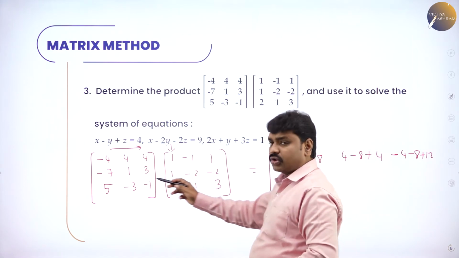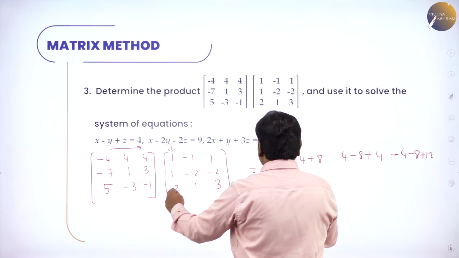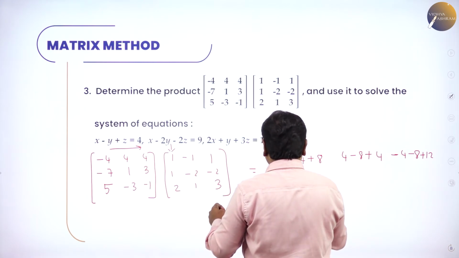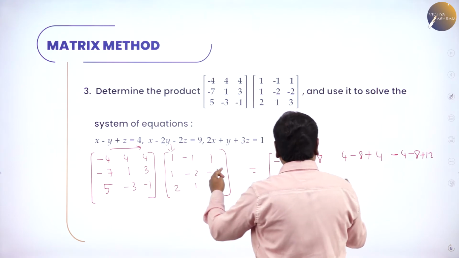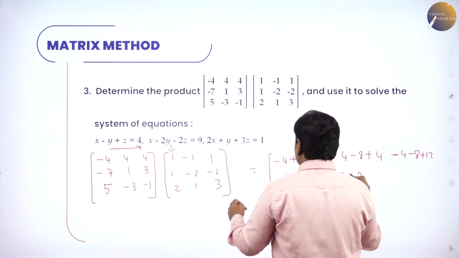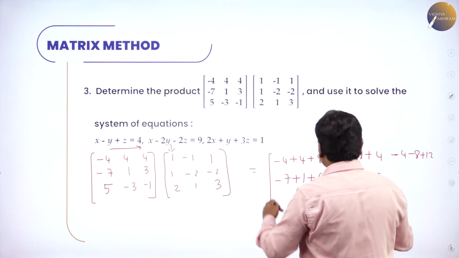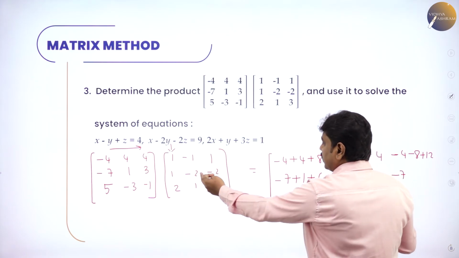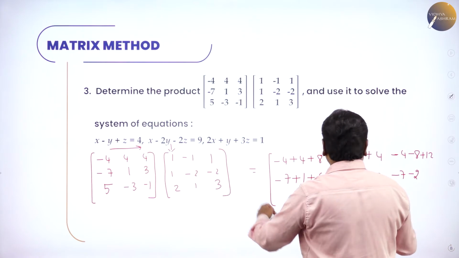Then second row with first column, minus 7 plus 1 plus 6, then plus 7, minus 2, then plus 3, then minus 7, then minus 2, then plus 9.